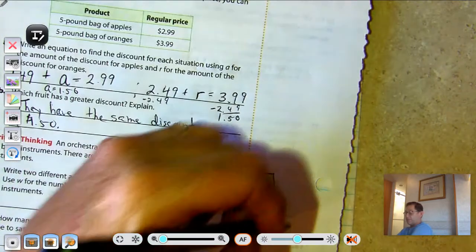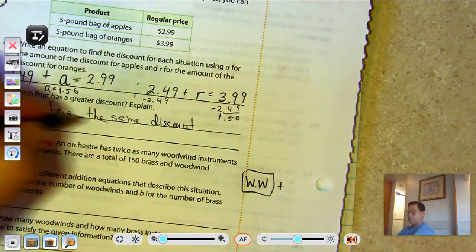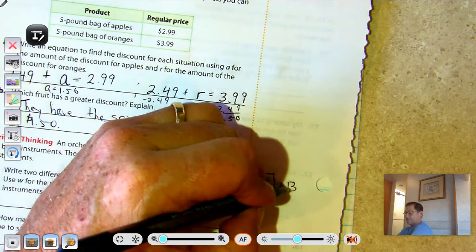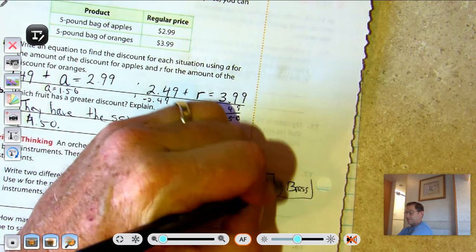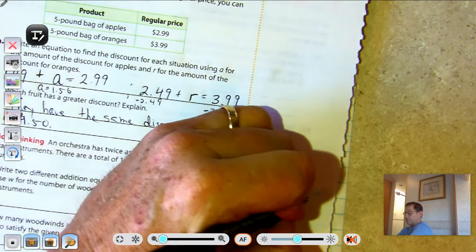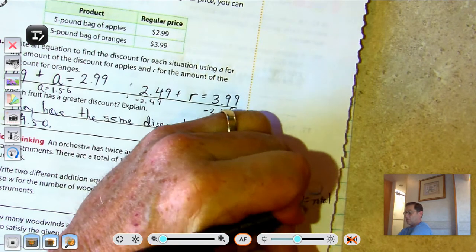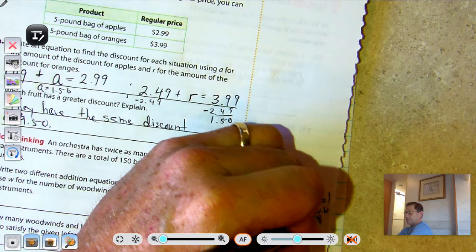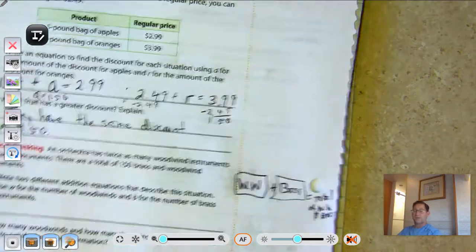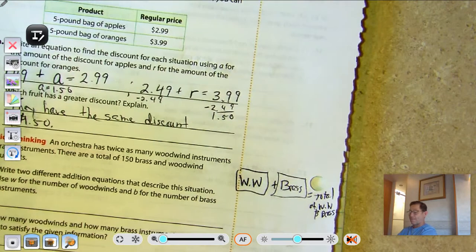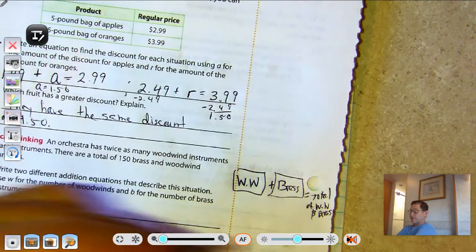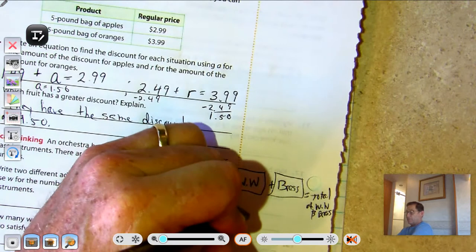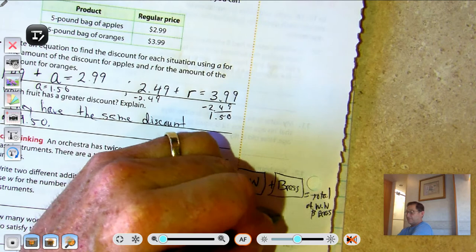W is just going to represent woodwinds plus brass equals the total of woodwinds and brass. Okay, so if you add the woodwinds and the brass, you get 150.